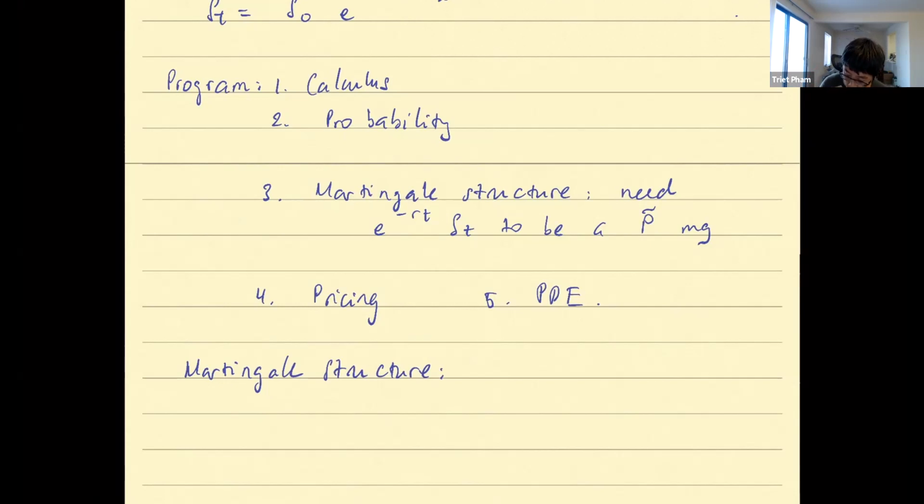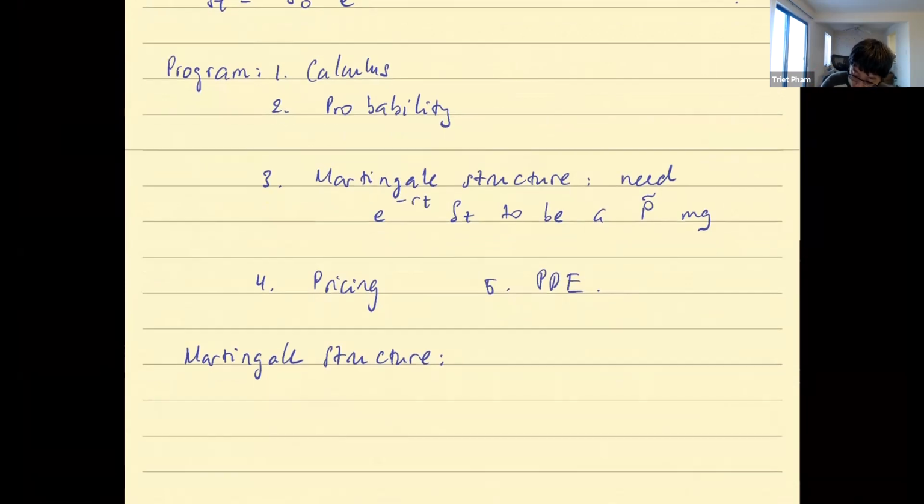And so why martingale structure? Again, the martingale structure comes from the market condition that the price, you have 2 time moments. The correspondence between whatever you're looking to price must be this.